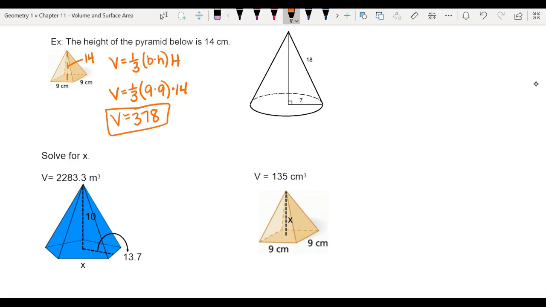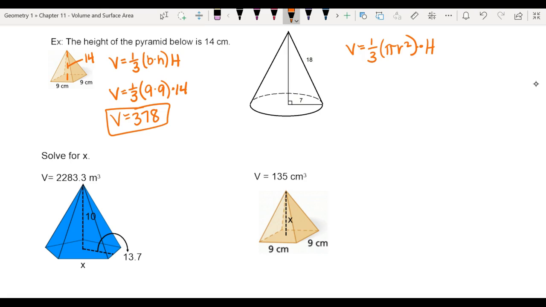All right, we're going to do the next one now. What is the base of the next one? The base is a circle. So your volume formula is going to be 1/3, your area of your base then is pi r squared, times your height. My radius is 7. I know that.